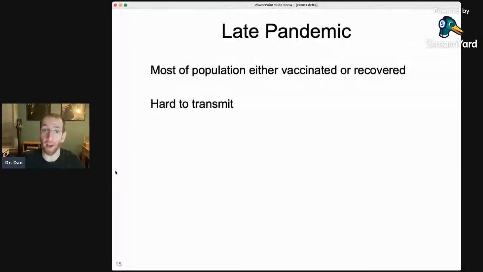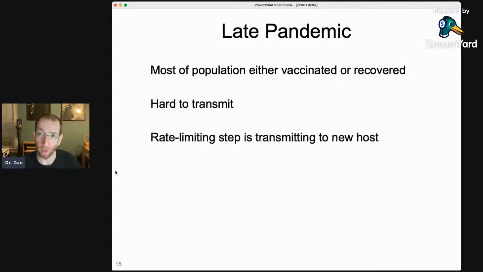So later in a pandemic, where most of the population is either vaccinated or recovered from a past infection, it's really hard to get from one host to another because most people in the population are no longer susceptible. So the rate limiting step, the step where you're likely to lose in your competition, is the viruses in one host losing out to the viruses in another host to get to the few remaining susceptible people in that population.